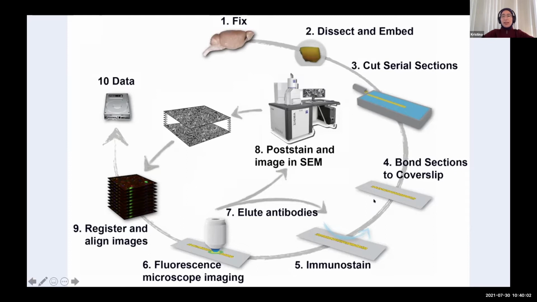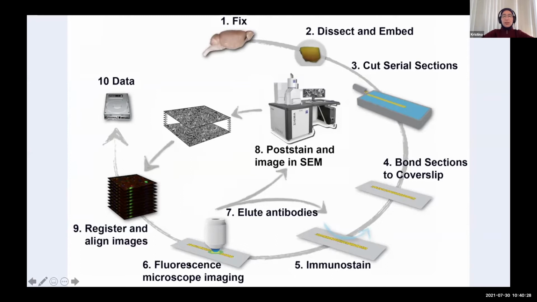We usually pick them up on coverslips, which works great for immunostaining and then fluorescence imaging. The serial sections are immunostained usually with a combination of 3 different antibodies, and there is also DAPI present to stain the nuclei and give us the cellular context.